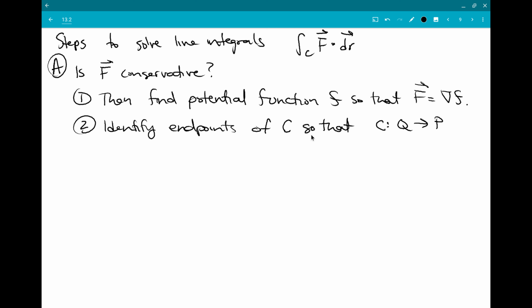Starts at Q, ends at P. And then from there you can just calculate that the line integral of capital F, the vector, is going to be little f, the scalar function, evaluated at the endpoint, and then subtract little f evaluated at the starting point.